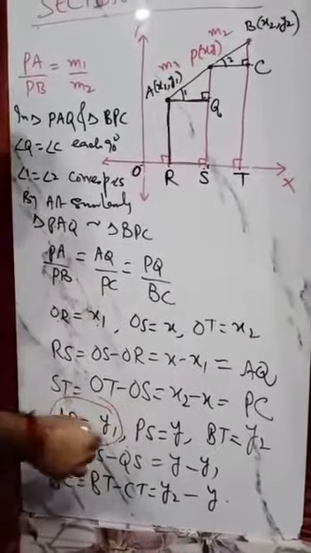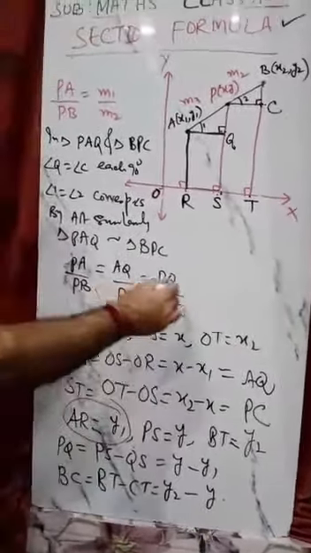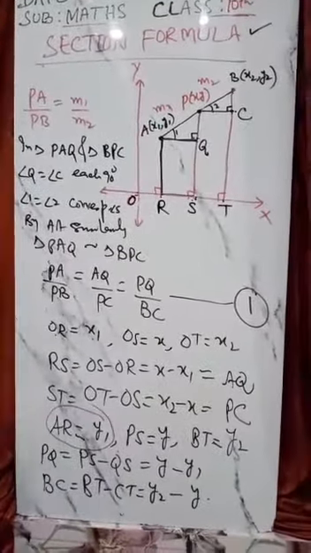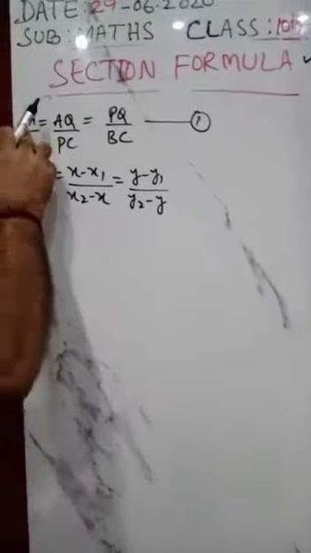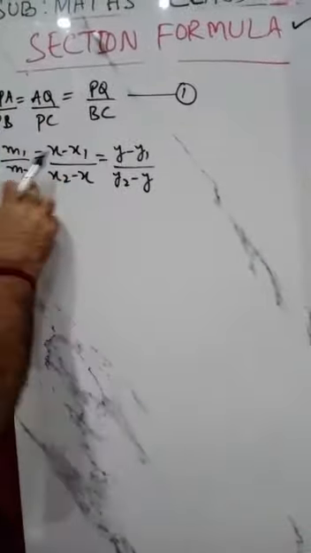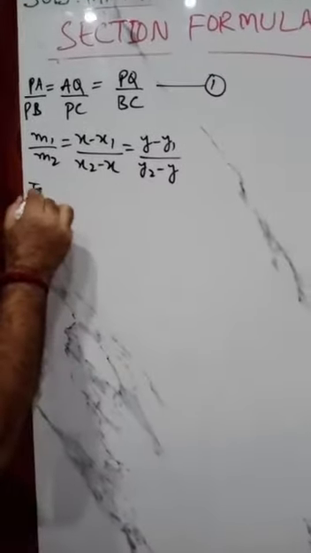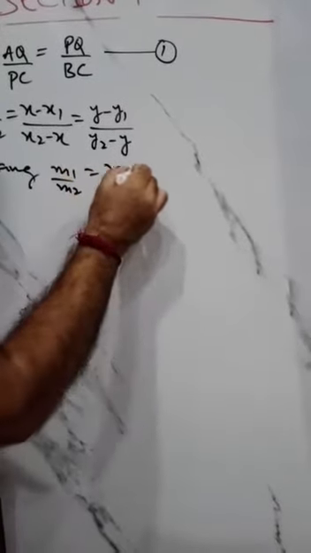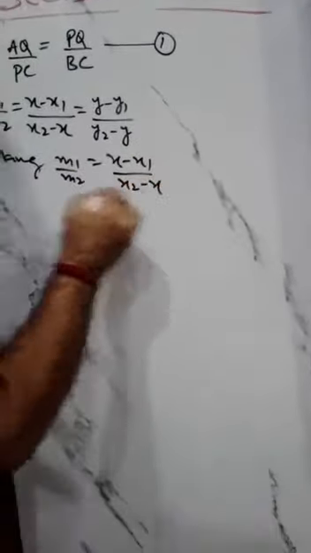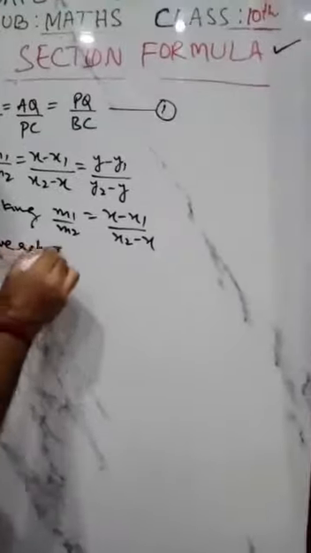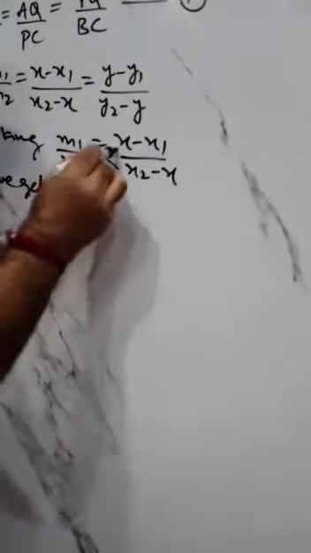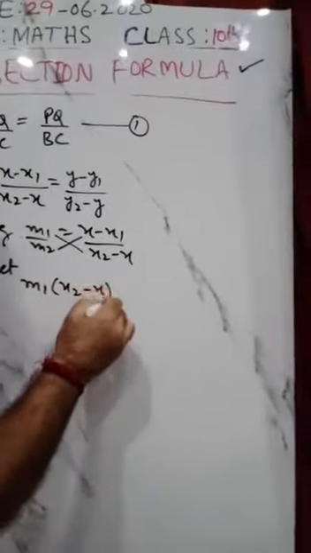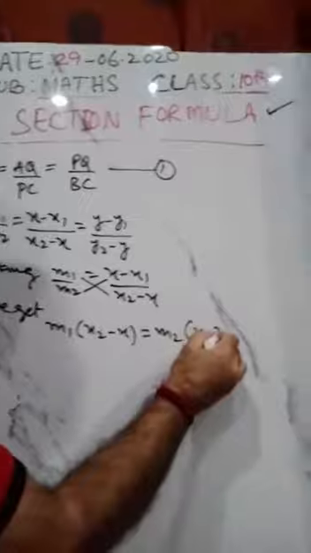You get all the values. Now I will put them in the first equation. After substituting the values of PA, PB, AQ, PC, PQ and BC, taking m1 upon m2 equal to x minus x1 upon x2 minus x, by cross multiplication you will get m1 times (x2 minus x) equal to m2 times (x minus x1).